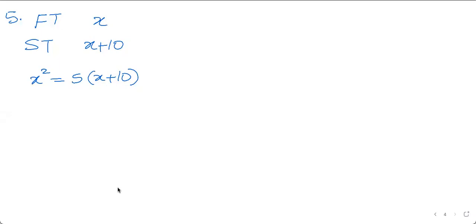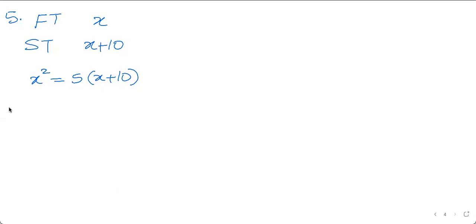And then it says square of the score of the first test is equal to 5 times the score in the second test. The square of the score of the first test is x square. 5 times the score of the second test is 5 into x plus 10. Now we have the starting of the equation.